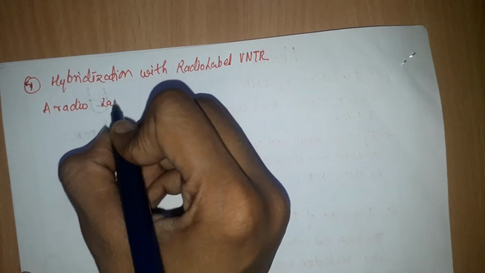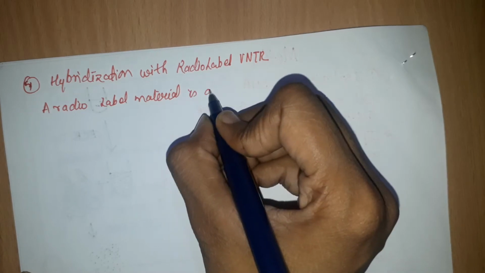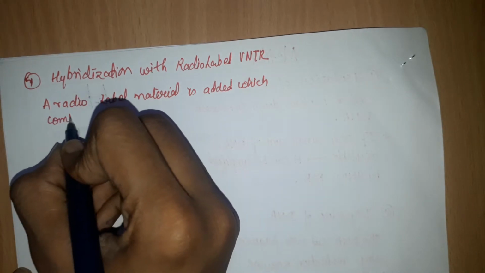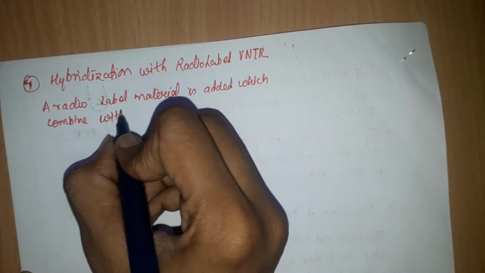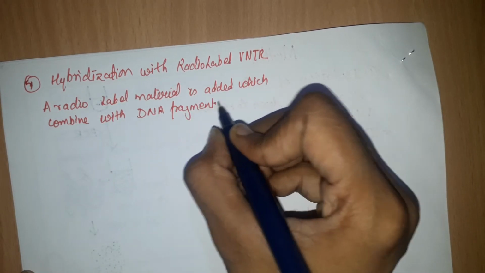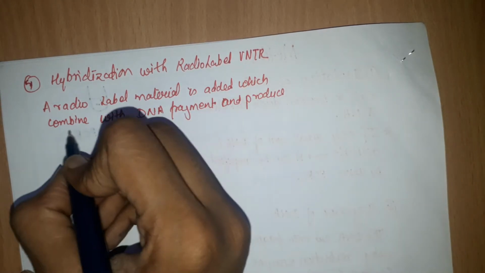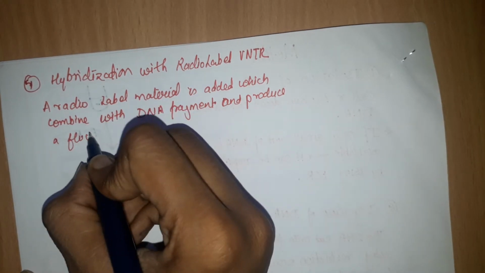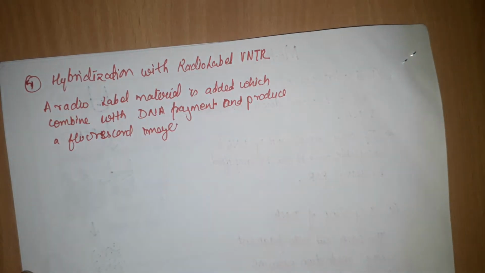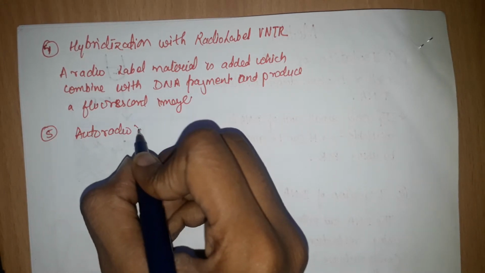A radiolabel material is added which combines with the DNA fragments and produces a fluorescent image. Now this will be read as autoradiography.